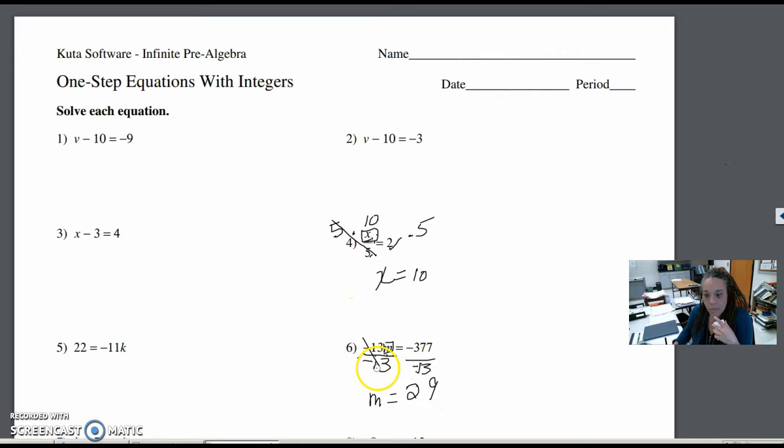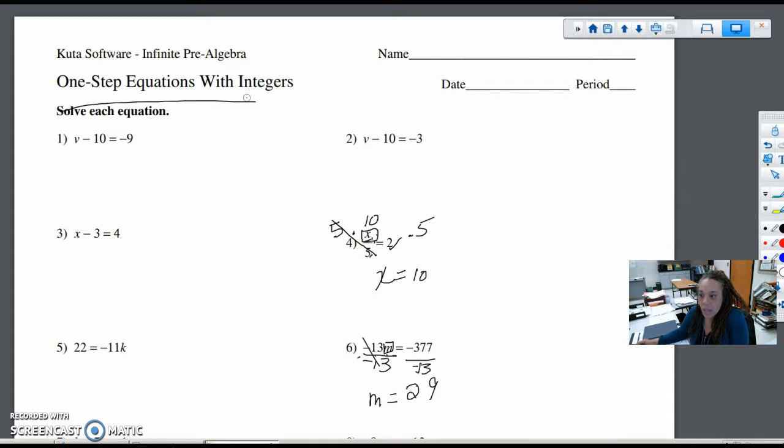So I used division on both of these, which gave me the division property of equality. So that's when you have one-step equations. You're just going to do the opposite of what you see there on both sides to solve for your answer. So try your best on this page. Again, you can find the link in the description below, copy and paste to find the link to this page. Try your best, and good luck.